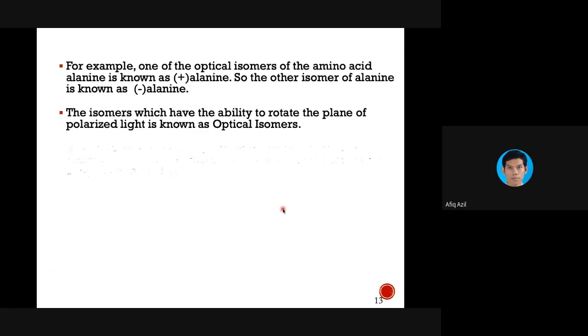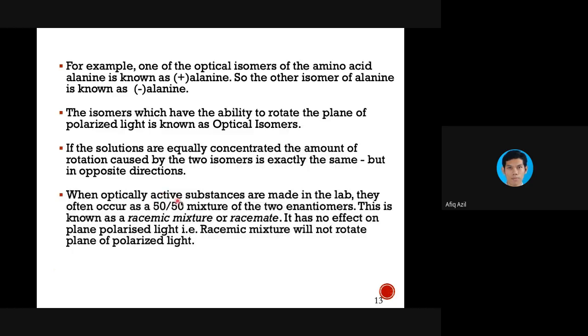So this 50-50% mixture, or 50-50% ratio, is called a racemic mixture, or sometimes a racemate. It has no effect on plane polarized light.